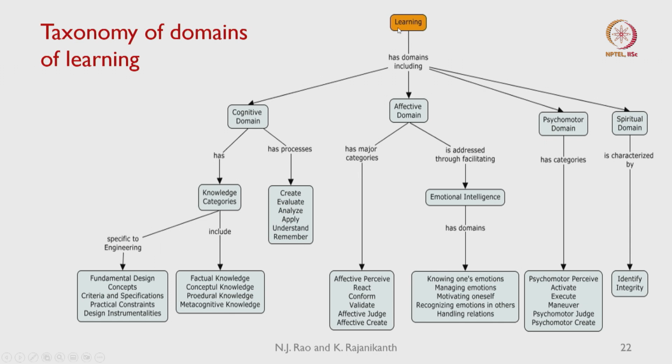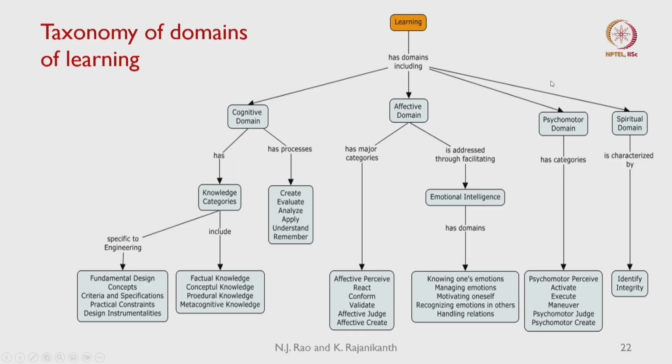And in the case of affective domain, it has major categories as per Peirce and Gray: affective perceive, react, conform, validate, affective judge and affective create. And we are also combining it with emotional intelligence domains: knowing one's own emotions, managing emotions, motivating oneself and recognizing emotions in others, handling relations and so on.